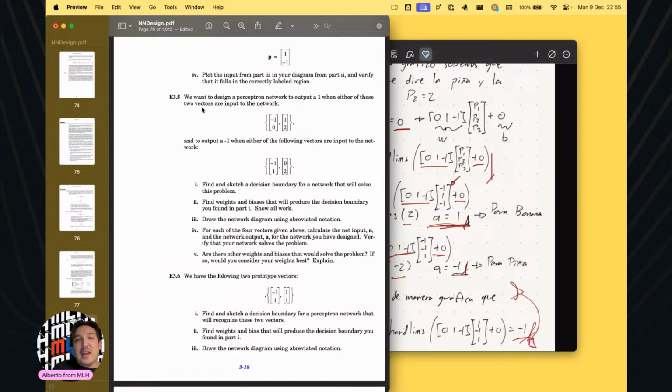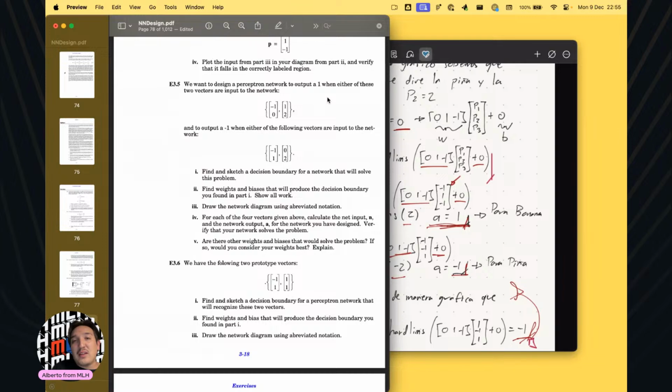We want to design a perceptron network to output a 1 when either of these two vectors is input to the network, and a -1 when either of the following vectors is input to the network, right? So it's very similar to what we've done right now, but in two dimensions. So it can be a little bit simpler, but it can help us a lot to understand.